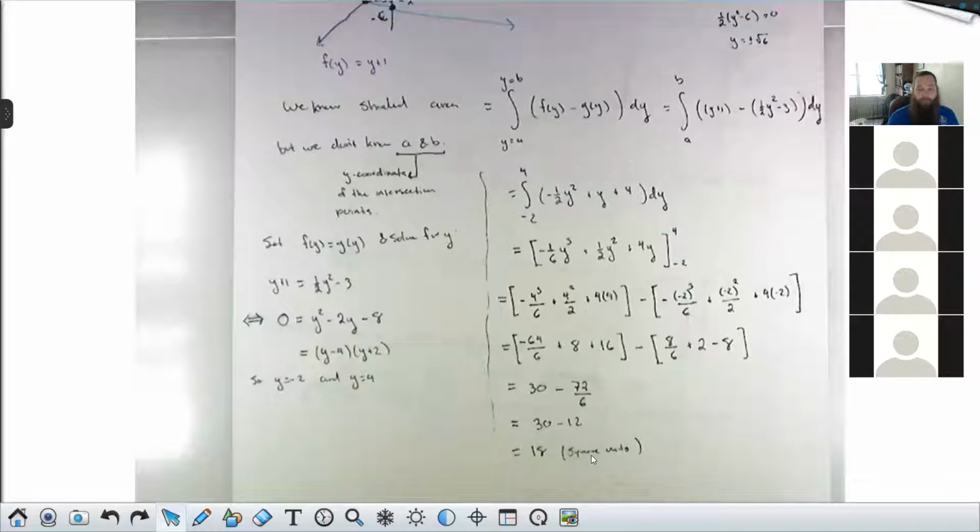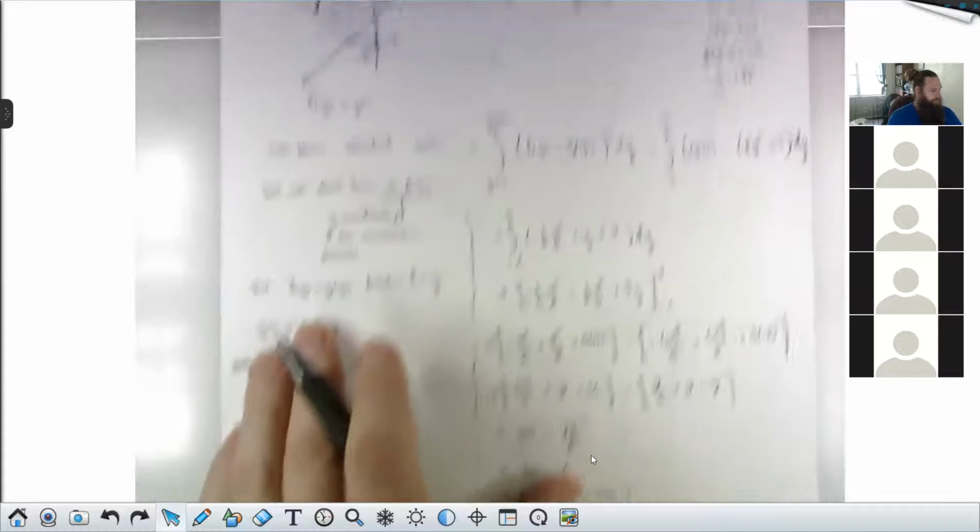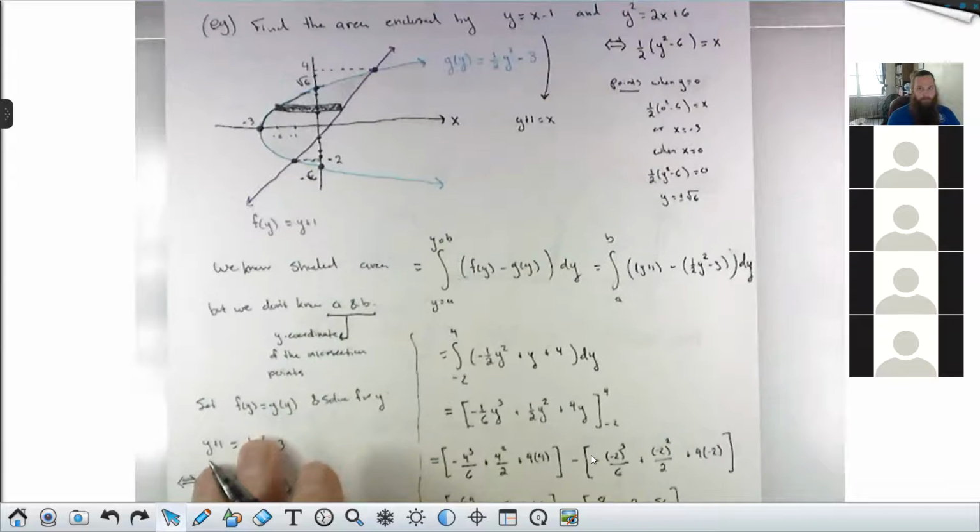Also on the top right, when you set the x equal to 0, you have 1/2 parentheses y squared minus 6. Shouldn't y equal plus or minus the square root of 3? Wait, try it out. So if you distribute the 1/2, then you get 1/2 y squared minus 3.